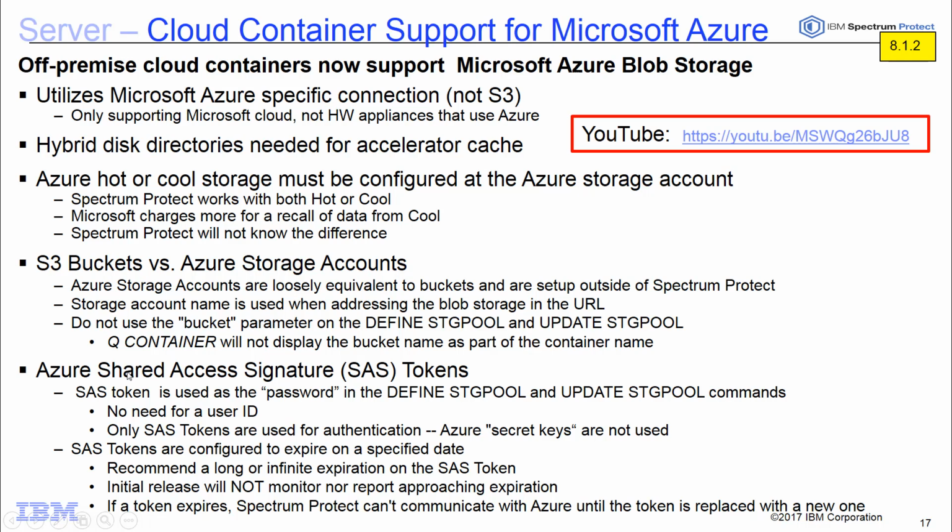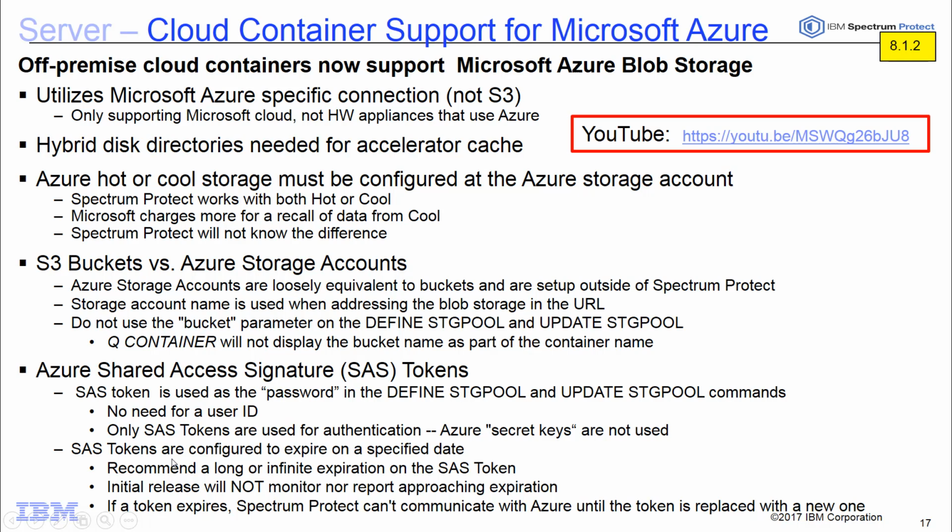Now, Azure also has this concept of a shared access signature called a SAS token. SAS tokens are used as the password in Spectrum Protect when we do the define storage pool or update storage pool commands. This means we don't need a user ID, and it's only the SAS tokens that we use for authentication.